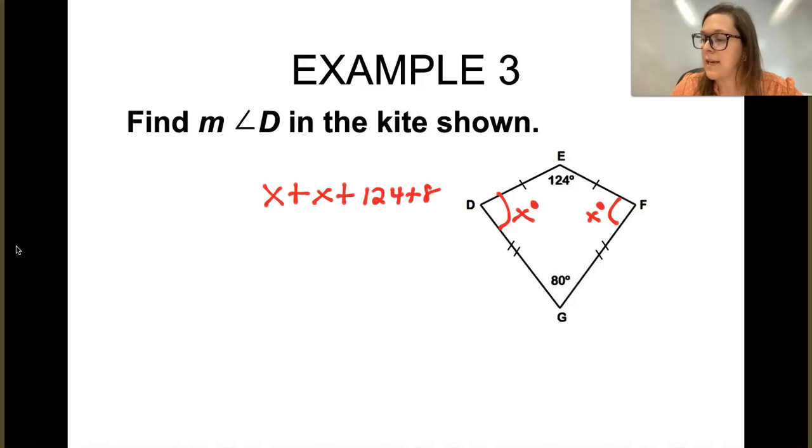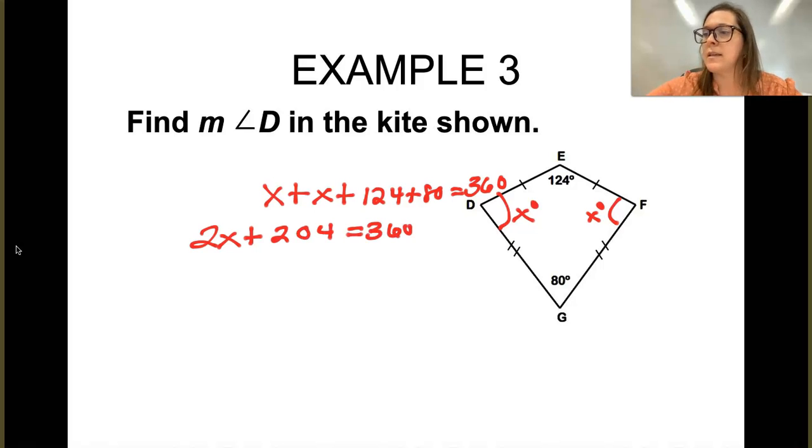x plus 124 plus 80 should equal 360 degrees. It's a quadrilateral. When I combine like terms, I get 2x plus 204 is equal to 360. Subtracting 204 from both sides gets me 156.